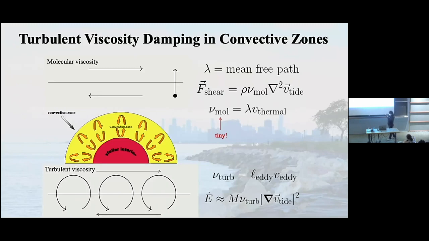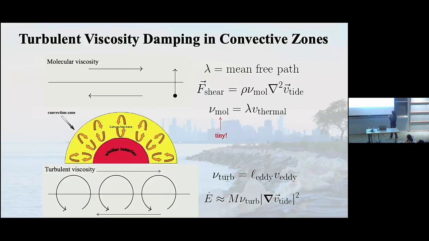During this process, a shear force is generated, and this shear force is proportional to the molecular viscosity. We use the mean free path of the test particle times the thermal velocity to calculate the molecular viscosity. Other than test particles or molecules, inside the star there are actually large eddies in the stellar convective zone.